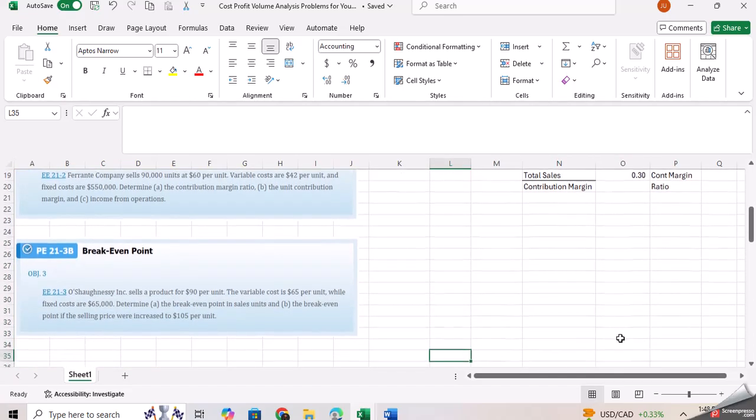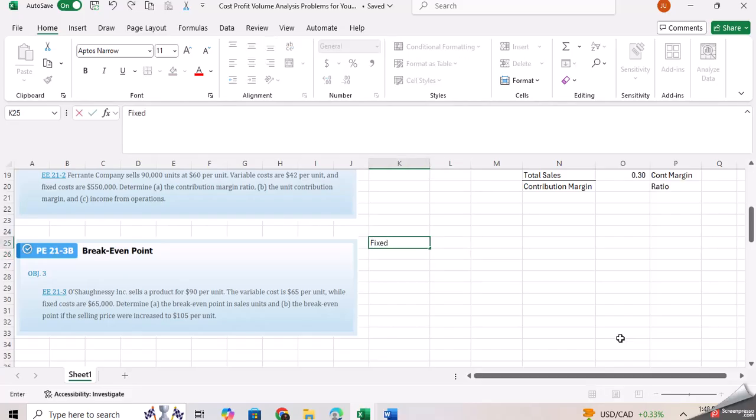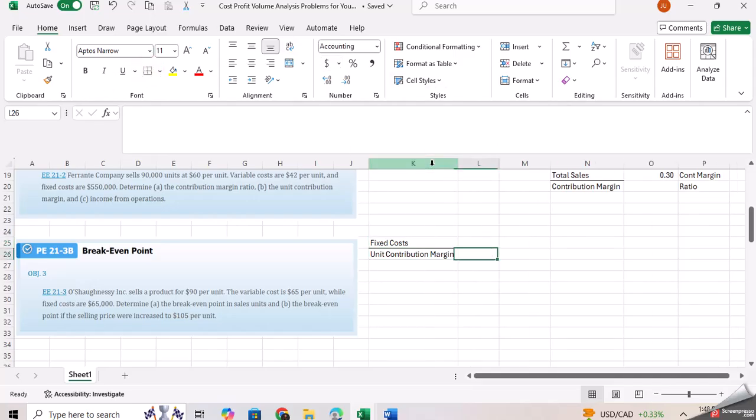Okay, then our break-even point, we always take our fixed cost, and then we divide those by our unit contribution margin. So our fixed costs are 65,000.